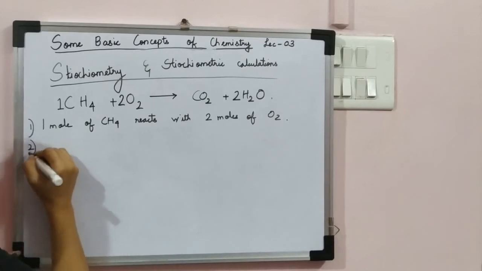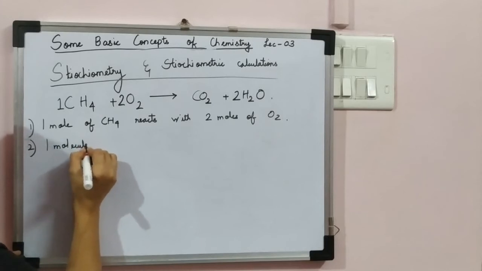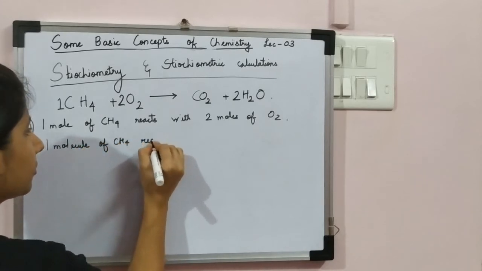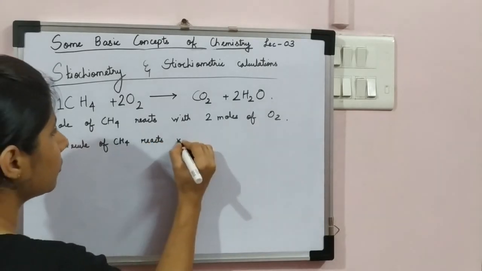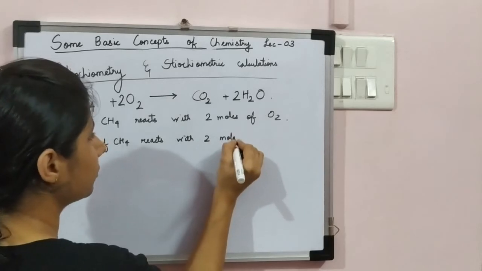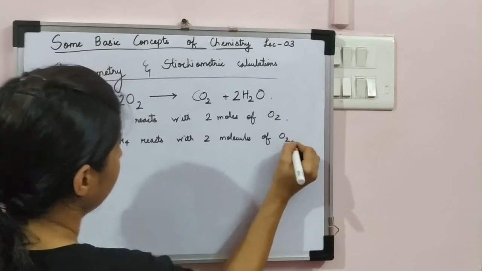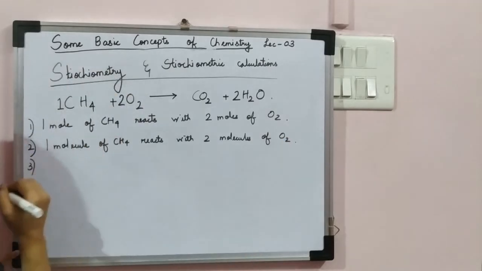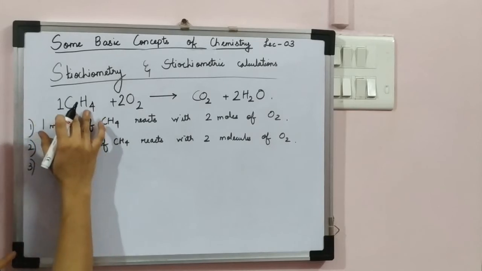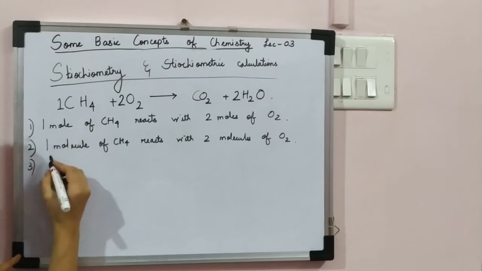Okay, so this is the first statement in terms of moles. The second statement that I am making is 1 molecule of methane reacts with 2 molecules of oxygen. Okay, so I am speaking of this particular reaction. The third statement that I can make is, if I calculate the total atomic mass or molar mass of this, it is 12 grams plus 4 of hydrogen, which is 16.